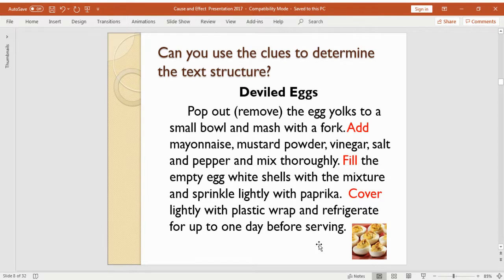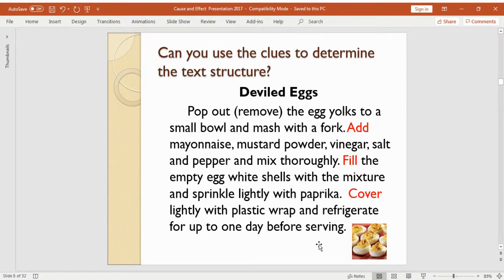Now you notice the clue words are in red. This will help us to determine the text structure. Pop out or remove the yellow yolks to a small bowl and mash with a fork. Add mayonnaise, mustard powder, vinegar, salt, pepper, and mix thoroughly. Fill the empty egg whites with the mixture and sprinkle lightly with paprika. Cover lightly with plastic wrap and refrigerate for up to 1 day before serving.